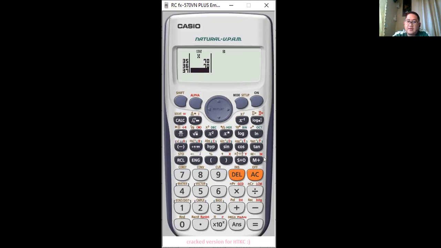Then AC, Shift 1, then variable number 4. We need the sample mean, so 2, equals. That's our mean, so let me write it down, since we need it to identify our test value. The mean is 75. Then we check the value of our standard deviation.